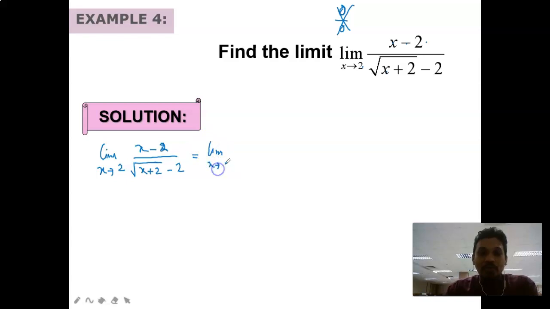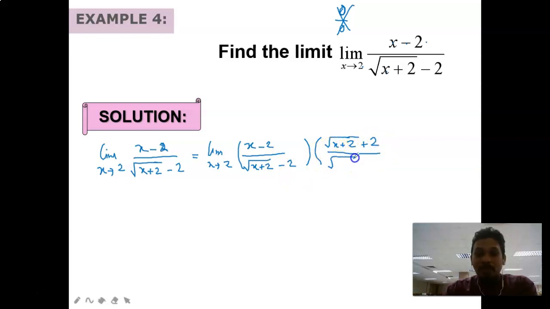x approaches 2. So x minus 2 divided by square root of x plus 2 minus 2. Okay, and this one here multiplied by square root of x plus 2 plus 2. Conjugate means that we change the sign of this negative 2 to a positive 2 here, and divide by square root of x plus 2 plus 2.